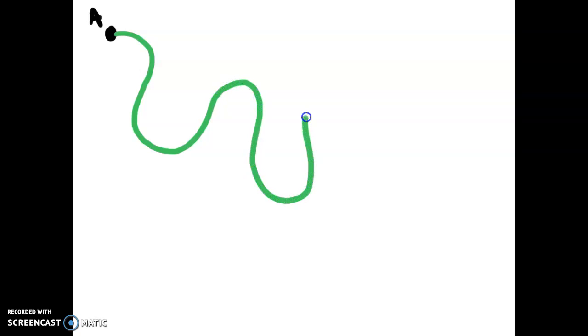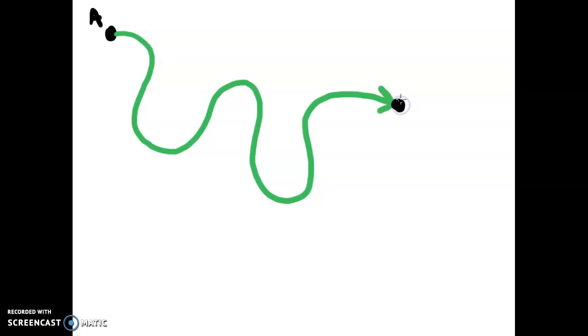So let's say we have particle A here. And particle A, right, goes like this and ends up, kind of travels in this roundabout path and ends up right there.